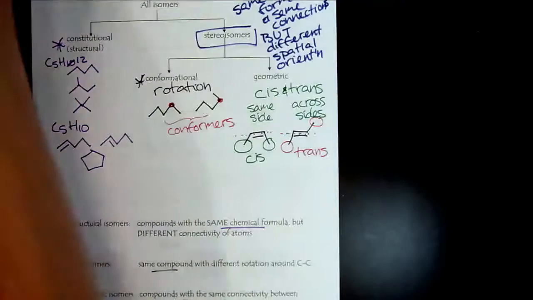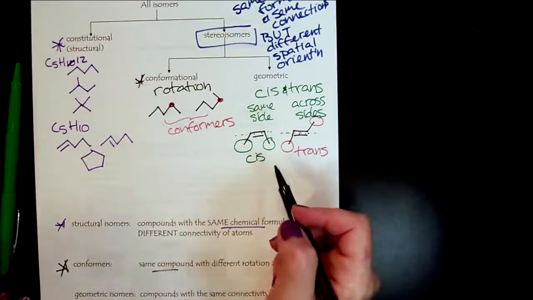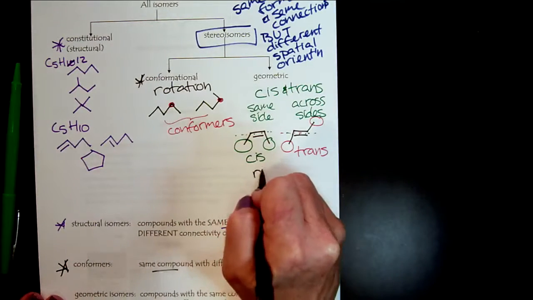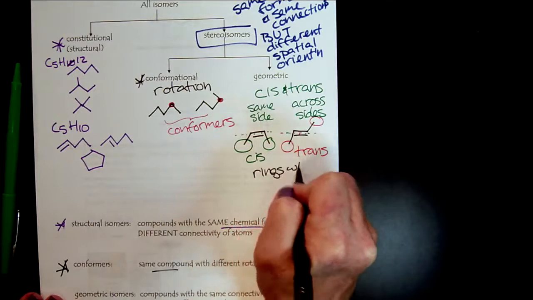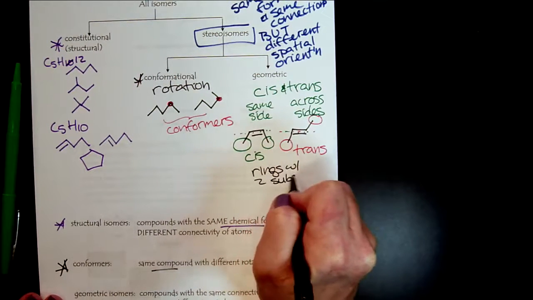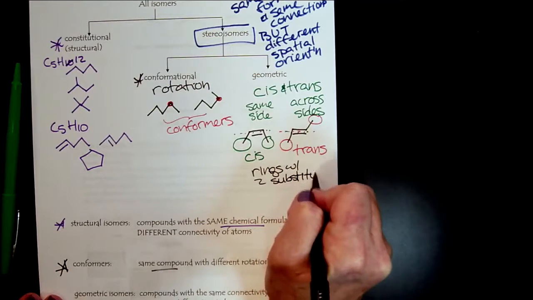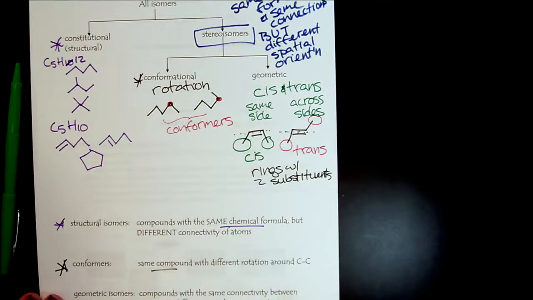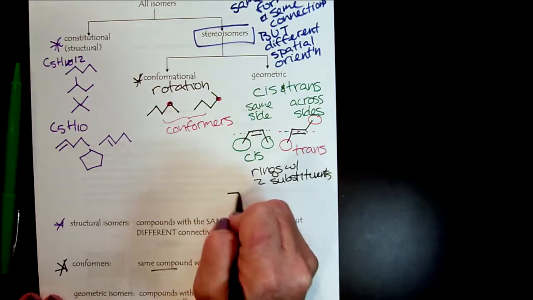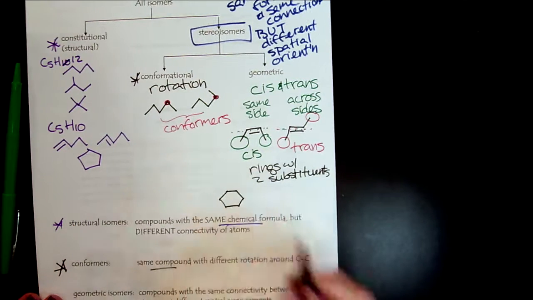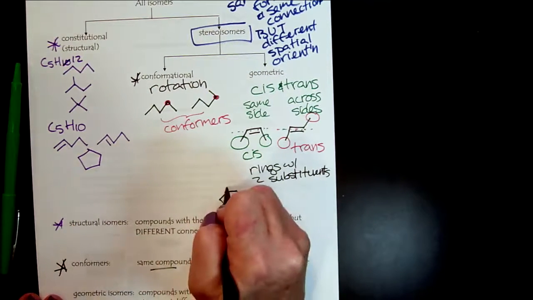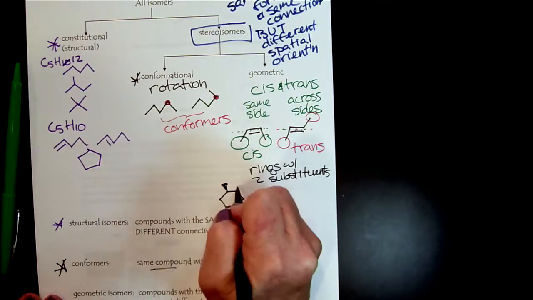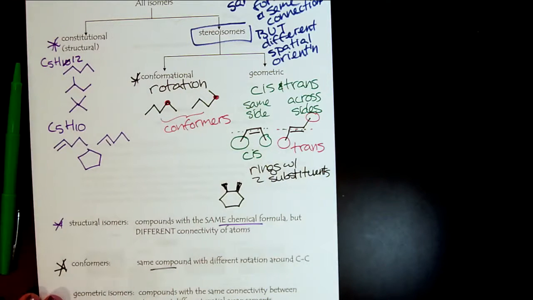There's one more way that we can make geometric isomers, and this is with rings with two substituents. Substituents is a fancy way to say branches. So we could have our six-membered ring, and we could have both branches, a wedge, both branches going up.